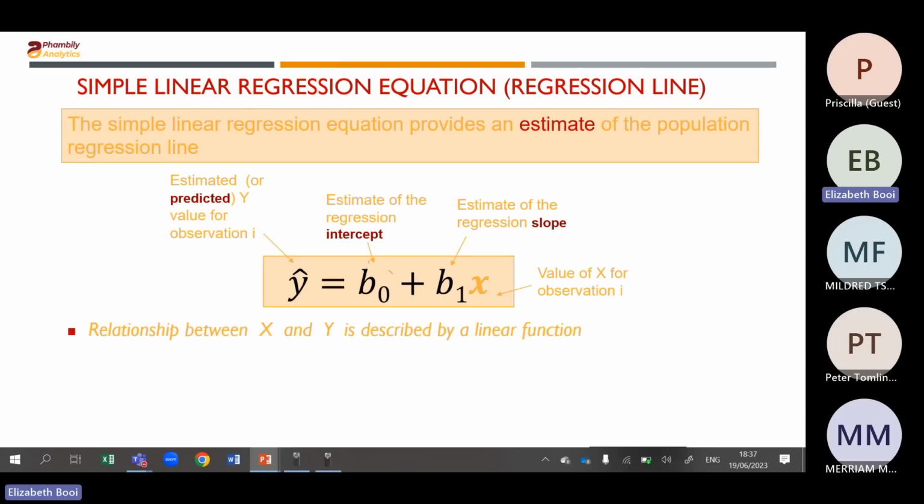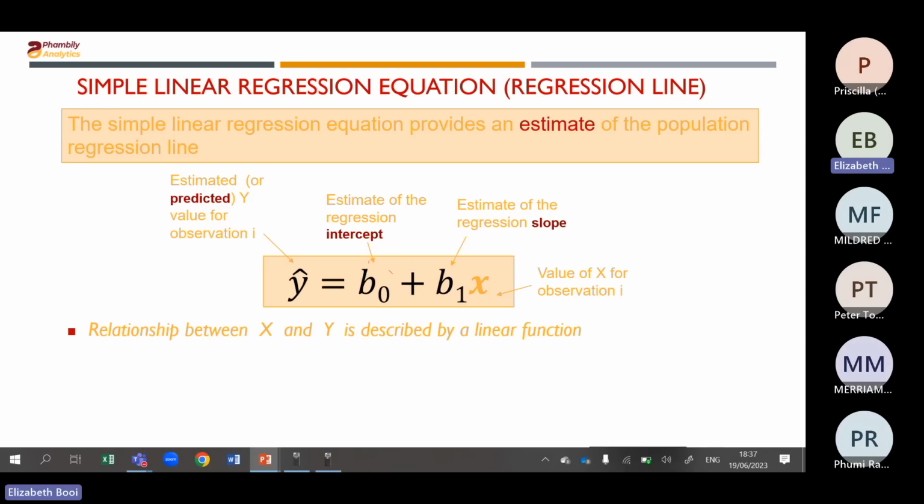When we have this regression line, we are able to look at the relationship that exists between your X and Y, because it is described by this linear function.